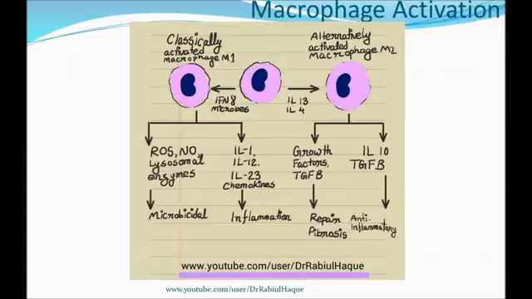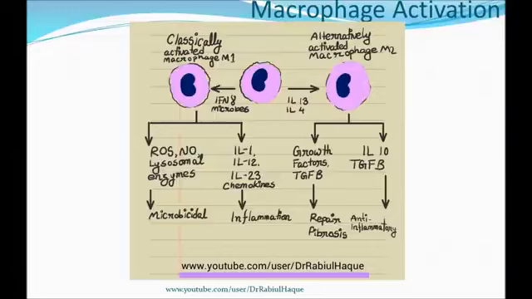Some foreign substances, for example certain particulate matter and crystals, can also induce the classical pathway of macrophage activation. As written in your textbook, the macrophage activated in the classical pathway is also called M1. So what will the macrophage do once it has been activated by this classical pathway? It will increase production of nitric oxide and reactive oxygen species, and it will also upregulate lysosomal enzymes.